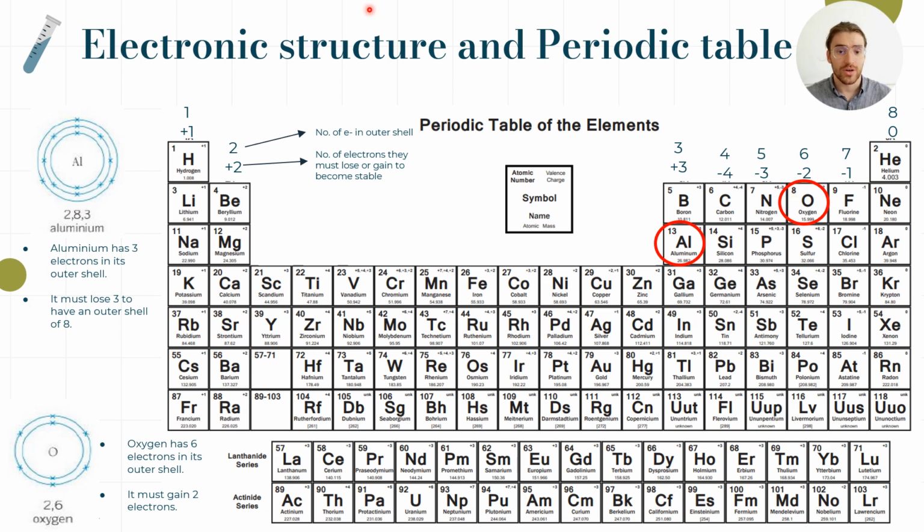It's important to remember that negatively charged ions are anions, and positively charged ions are cations. Go over this slide again, rewatch this video if you don't quite understand what I just said. It is very important to understand this section before we move forward.